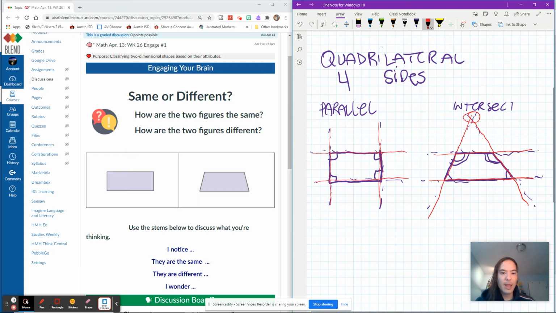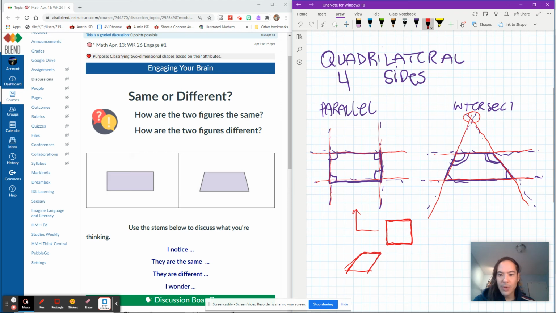All right, and then I wonder if these are the only quadrilaterals we're going to learn about. I wonder if we had a square involved, if that would be the same or different. If I had a square, is that more like a rectangle? What other quadrilaterals are we going to be using this year? Because you learned about a couple last year, right? You learned about quadrilaterals that look like this as well.